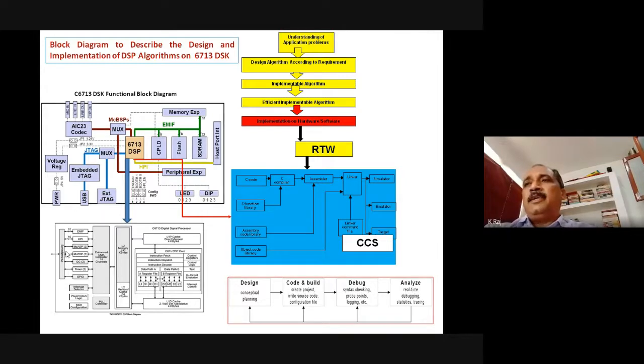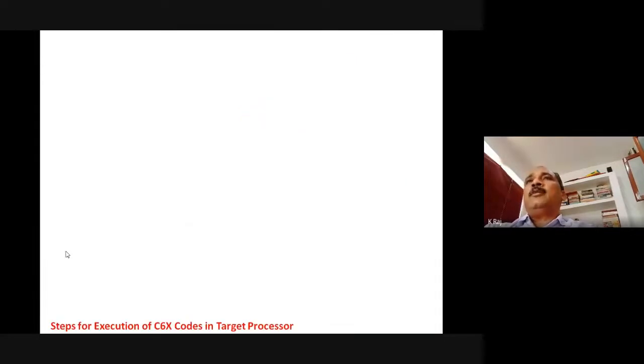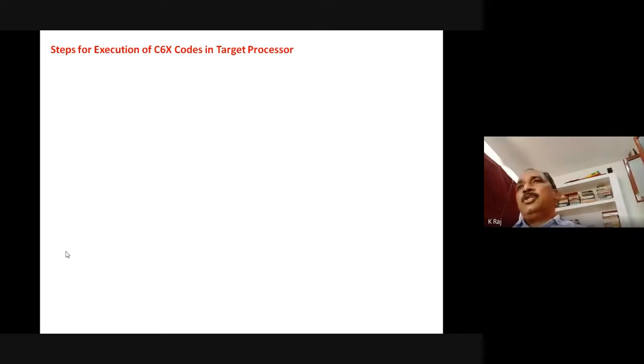So this is the overview which we have discussed so far in order to design and implement our algorithm on a given target here. Now come to another point: if we are interested in describing the steps for the execution of the C6X family codes in the target processor, and the processor is the TMS320C6X family here. So first of all, we have to open the Code Composer Studio.